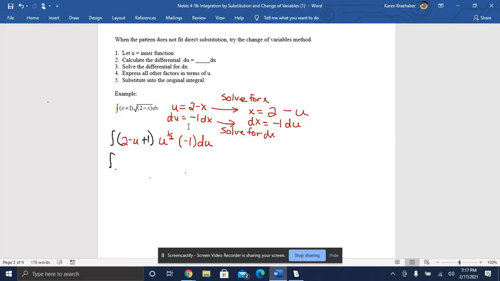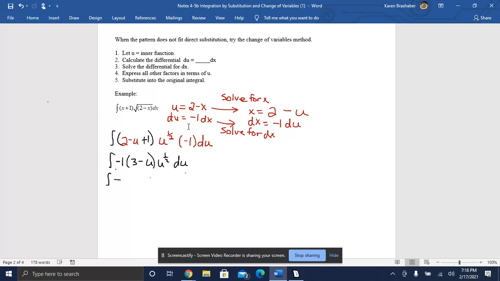So I can combine my like terms. I'm going to move the -1 to the front, and then I have 3 minus u times u to the 1/2 du. And then I'm going to distribute the -1 and the u to the 1/2.